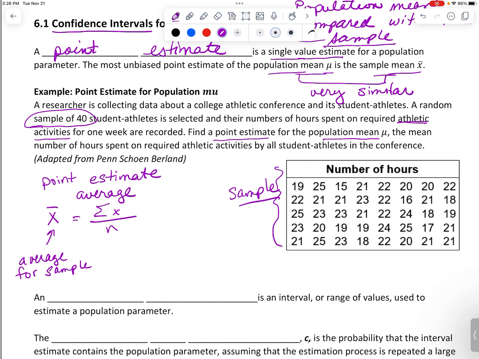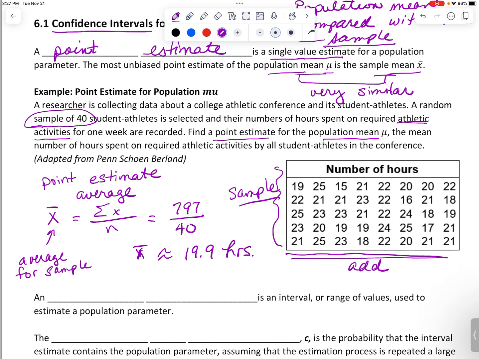So everything that we've done before in the past, nothing new. So I'm going to add up all of these values. If I do that on my calculator, I get 797. The number of people surveyed was 40. So my average is approximately 19.9 hours.